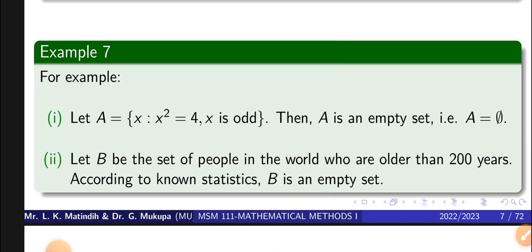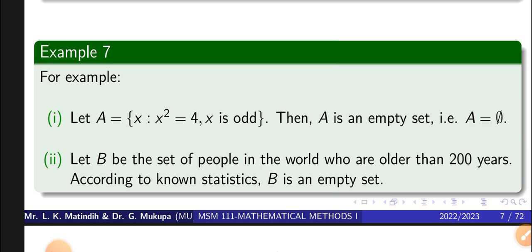Whenever you square an odd number, you come up with an odd number. If you square 3, you come up with 9, which is also odd. If you square 5, you come up with 25, which is odd. If you square 7, 7 times 7, you come up with 49, which is odd. So there is no way you can square an odd number and come up with an even number. No wonder set A is an empty set.